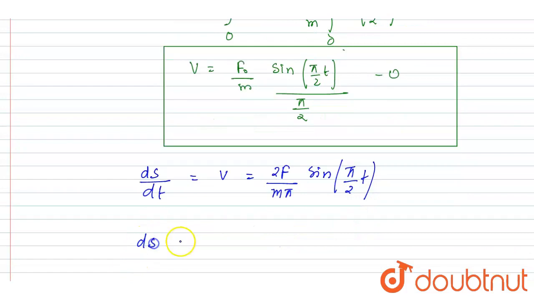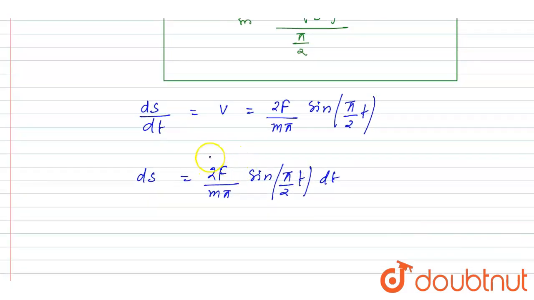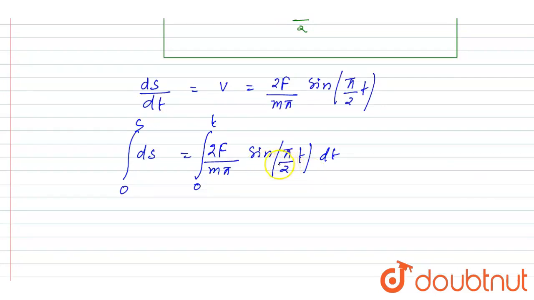So from here I will write ds is equal to, from t equals 0. At t equals 0, displacement is 0. If I integrate this, we know that the integration of sine will be cos.